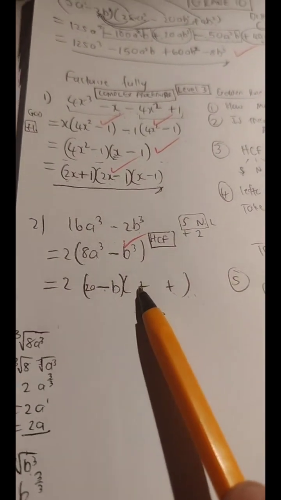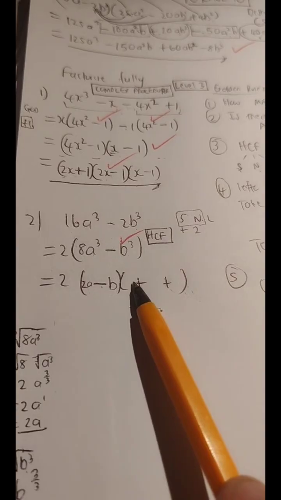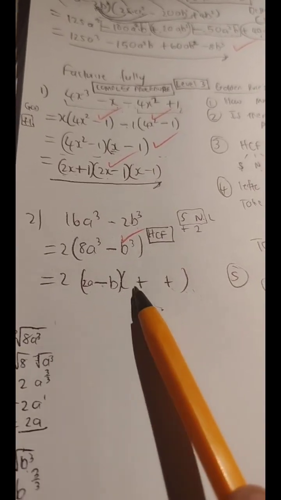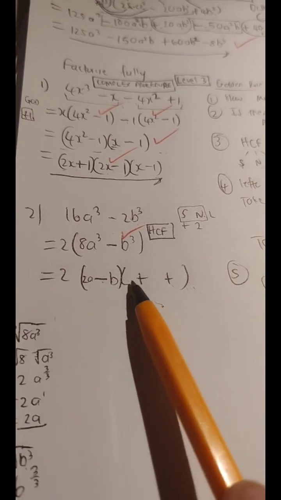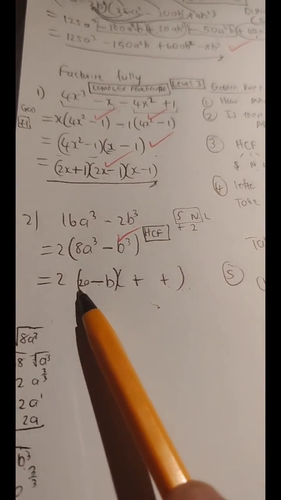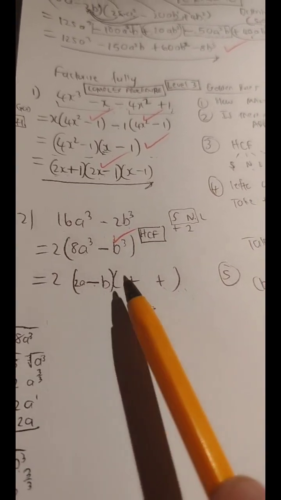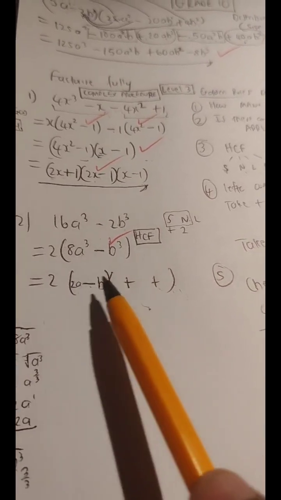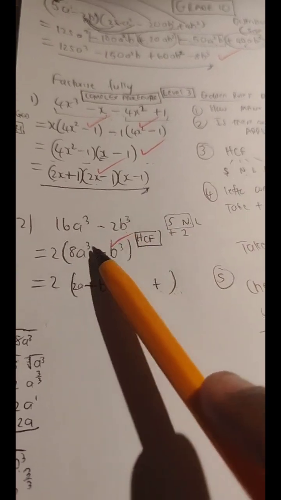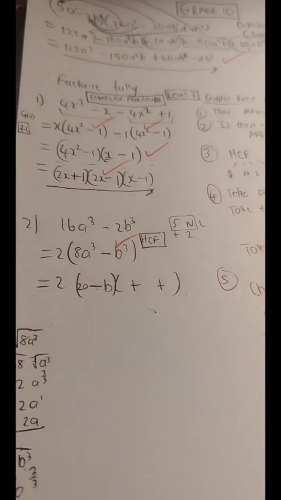Then, how do you get the first term inside the trinomial bracket? Okay, 2a here times what gives you 8a cubed? 2 times what gives you 8? In other words, what's 8 divided by 2?